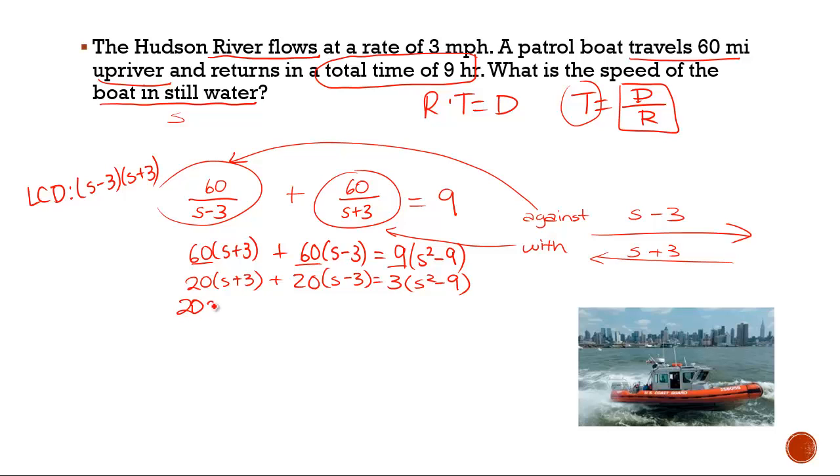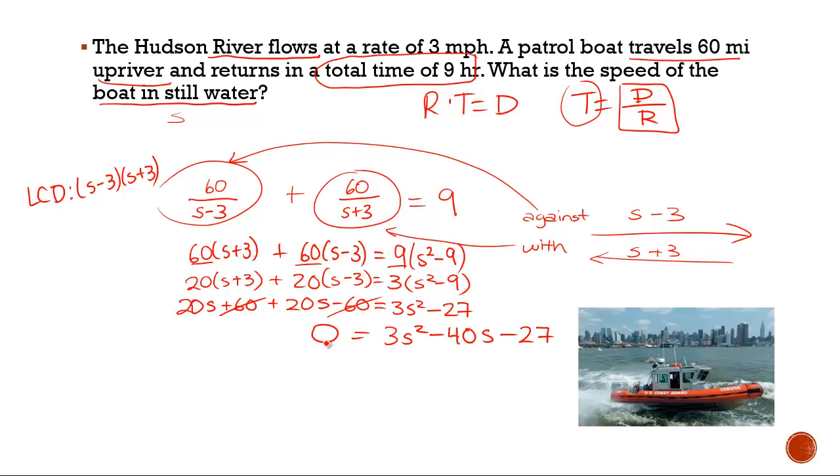So that's 20s plus 60 plus 20s minus 60 equals 3s squared minus 27. So the 60s disappear. We've got 40s. So we've got 3s squared minus 40s minus 27 equals 0.